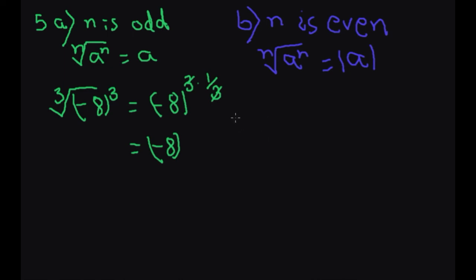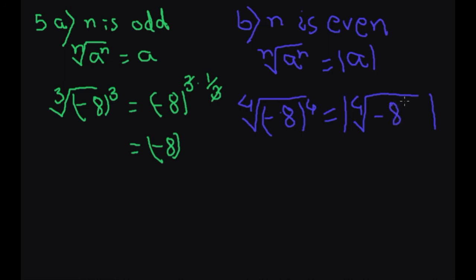First we will take the example. The same number, only we will change this to even. 3 is odd, so we will take an even number, 4. So the fourth root of minus 8 to the power 4 is equal to, first we will put the bar, then we will write the same thing again, fourth root of minus 8 with power 4.